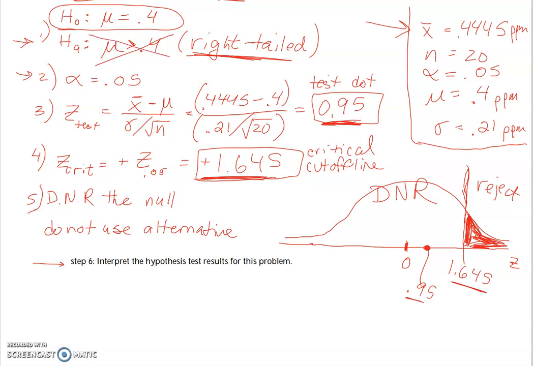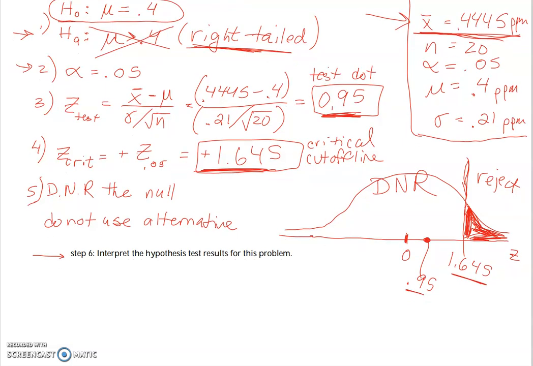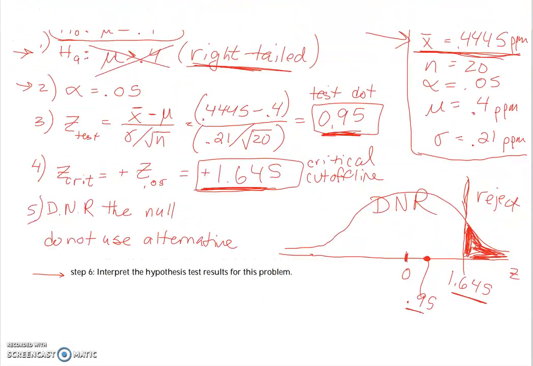We're going to say we don't think the mean toxic amount of this chemical is higher than 0.4. When we got our test number, our sample mean, it was a little bit higher than 0.4, but after our test, we realized it's not significantly higher.